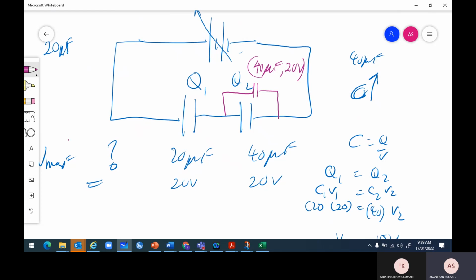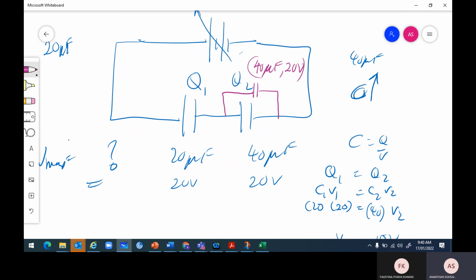The right two combine, so C2 is no longer 40, it's now 80. The new voltage across this is 5. So when this is 20 volt, this capacitor uses 5 volt.